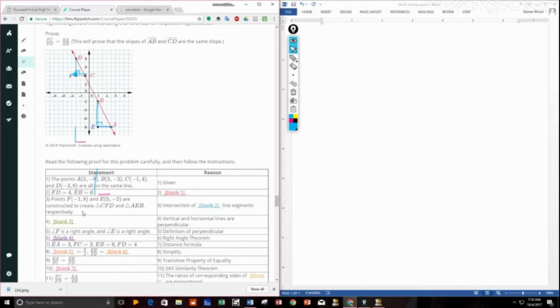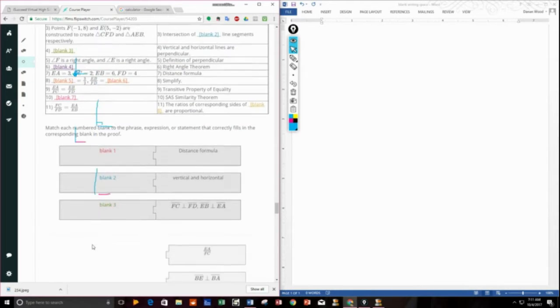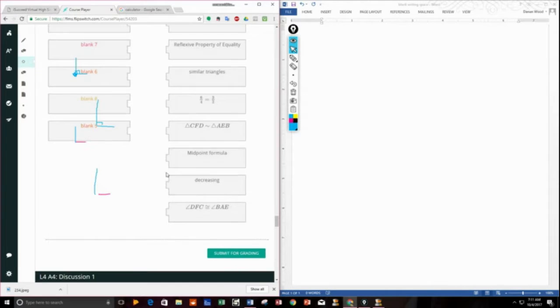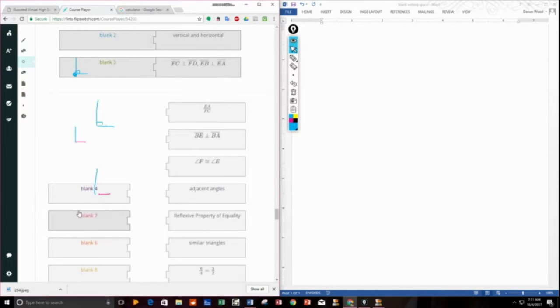And then definition of perpendicular. So blank 4 is the statement, and it's the right angle theorem. Angle F is going to be congruent to angle E because right angles are always congruent to each other.